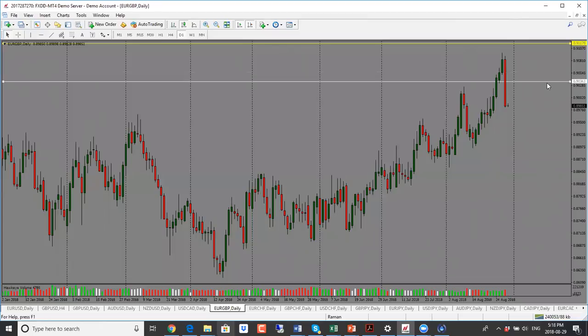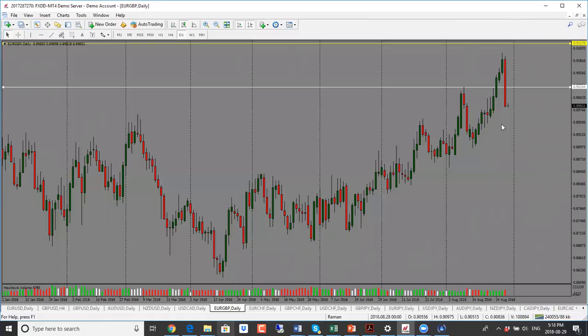So I would look for a pullback and then another drop here. Bias is bearish, but the type of move that I would be looking for here would be first a pullback, potentially into 0.9020, and then a drop, but overall bias is to the downside. We have red volume coming in here as well.